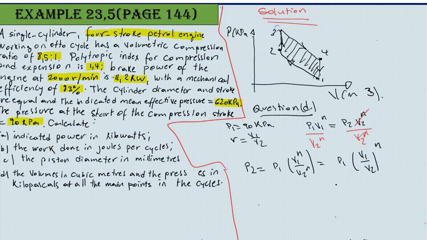So now I know what V1 over V2 is. That is simply equal to the compression ratio. So I can say P2 is equal to P1 multiplied by R to the power of N. P1 is given, and the compression ratio is 8.5.